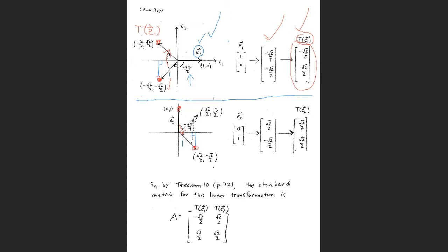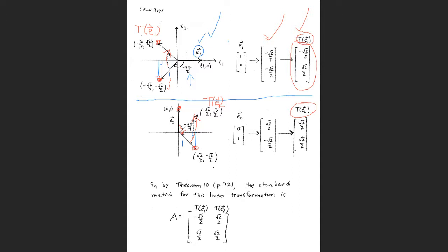But then you have to take that point and reflect it about the x1 axis. When you do that, you're going to get here. In other words, the point root 2 over 2, negative root 2 over 2, if you reflect that about the x1 axis, you're going to get the point root 2 over 2, root 2 over 2. And so that's your transformation of E2 here.